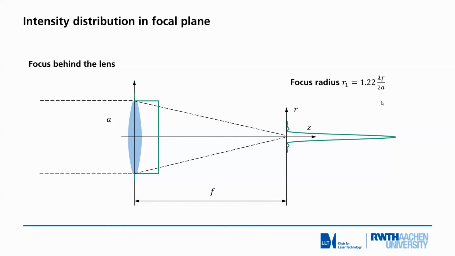And it is a Bessel function with a zero point of this distribution. So the first minimum of this diffraction pattern, so to say the representative width of that diffraction peak, is given here. The 1.22 comes from the zero point of the Bessel function, which is this sine square over square behavior, and it defines the radius of the diffraction pattern.